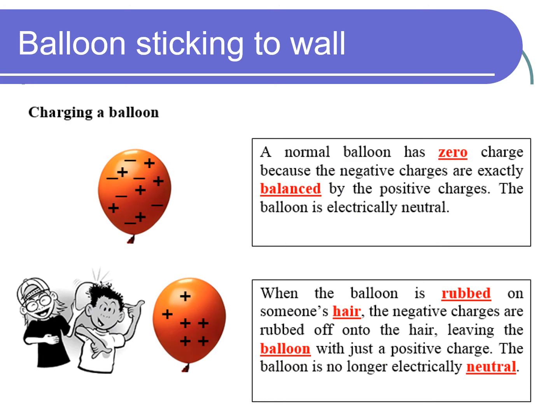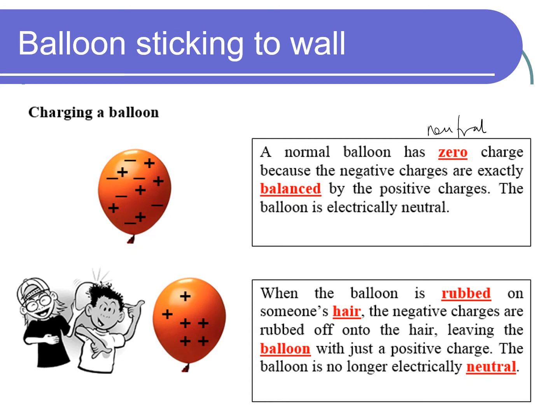So how can we make a balloon stick to the wall? Well, let's read through this. I might need to make a few extra little notes to clarify as we go. So a normal balloon has zero charge. Now by zero charge we mean neutral, because the negative charges are exactly balanced by the positive charges.